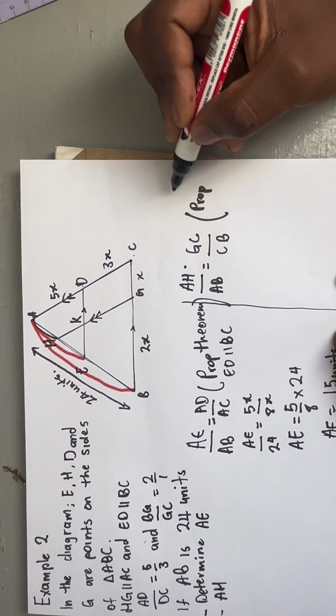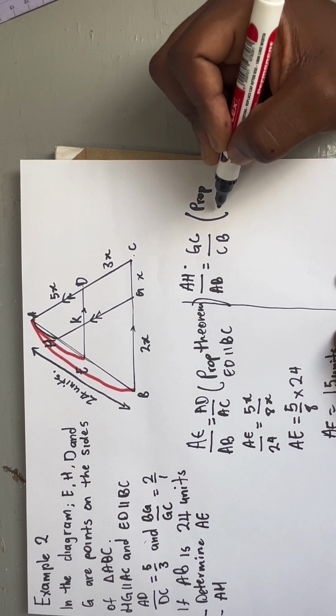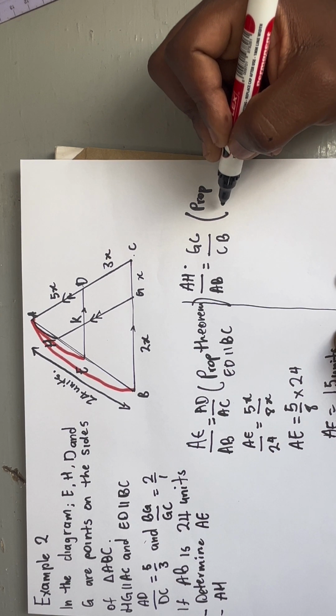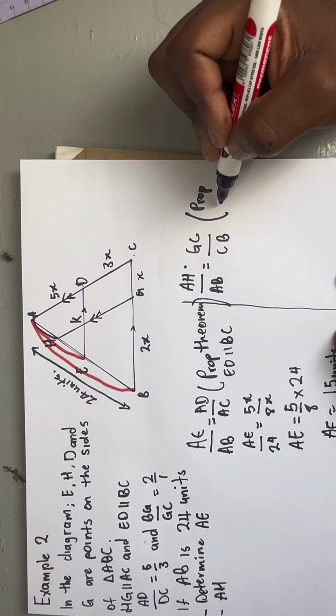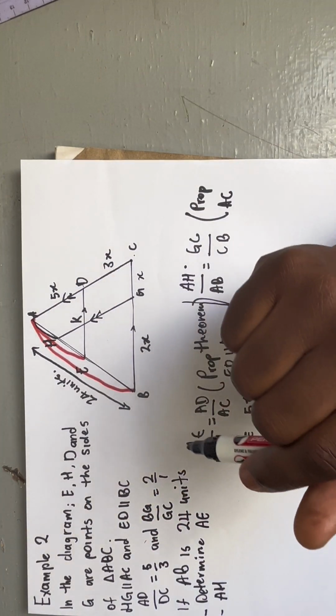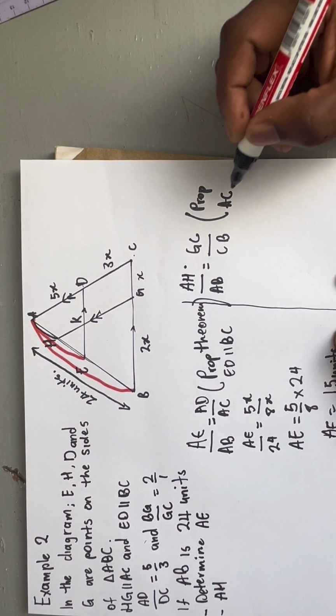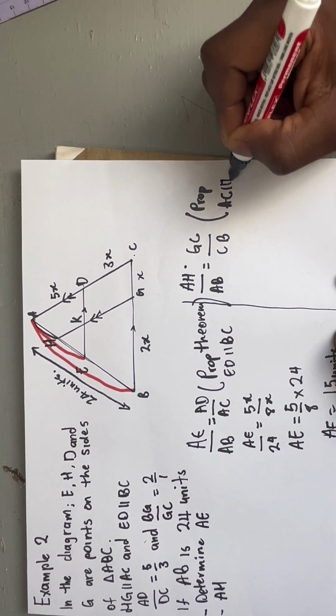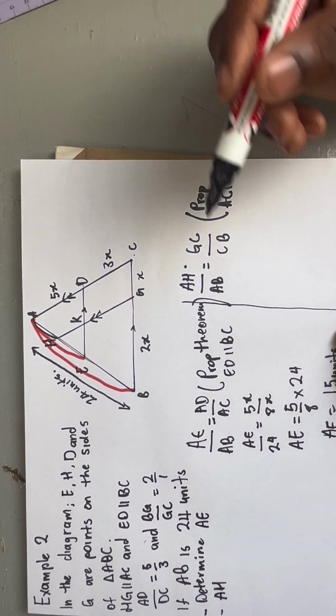And why is it the proportionality theorem? Because I was given that my side AC was parallel to HG. So that is going to be my reason.